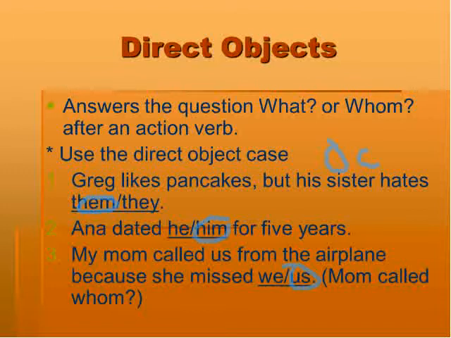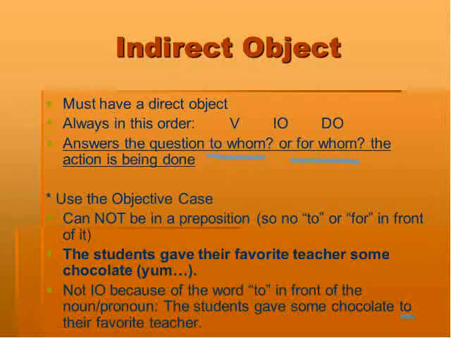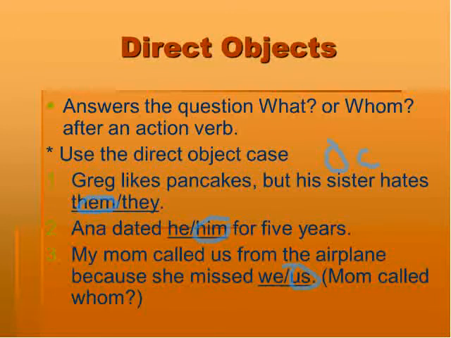Okay, let's look at the question. It's when you answer the question, what or whom the verb is being, after the action of the verb. The other one is to whom or for whom is the action being done. So you're doing something for someone or something. That's the difference.